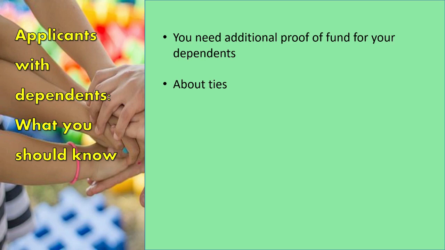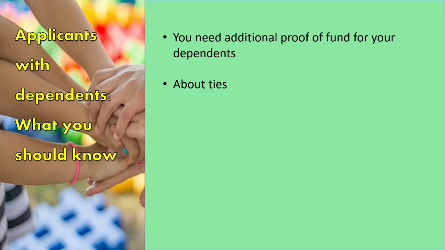About ties, I want to talk about ties here. It may sometimes be difficult to demonstrate ties to your home country, especially if you are going with dependents, and these dependents are not working in the home country and they just hope to go with you.